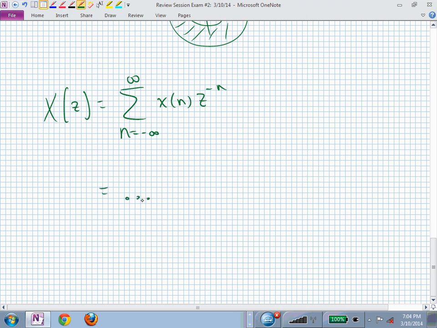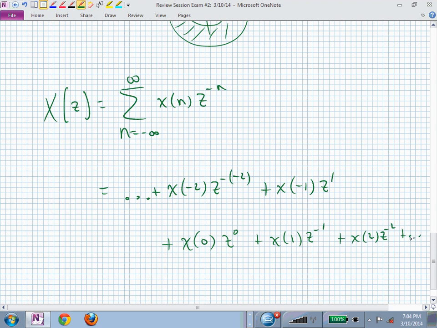Coming up from the negative infinity side, we have x of minus 2 times z to the minus 2, or z squared, plus x of minus 1, z to the minus 1, or z to the 1, plus x of 0, z to the 0, which is 1, plus x of 1, z to the minus 1, plus x of 2, z to the minus 2, and on out. That's our definition of the Z transform.